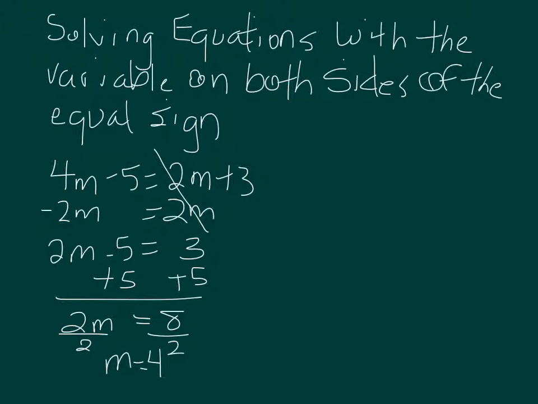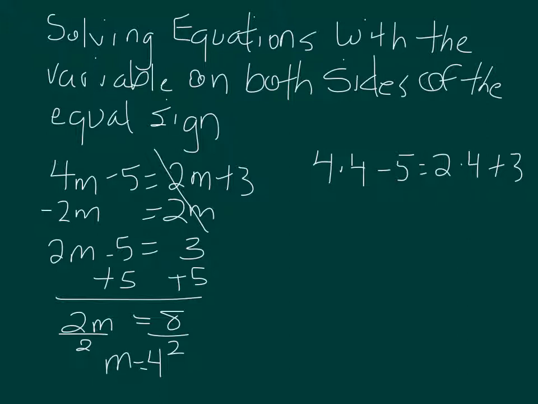Let's check it out. Let's take our original equation and substitute 4 for the m. 4 times 4 minus 5 equals 2 times 4 plus 3. Okay, following our steps of order of operation, we have to do multiplication first.